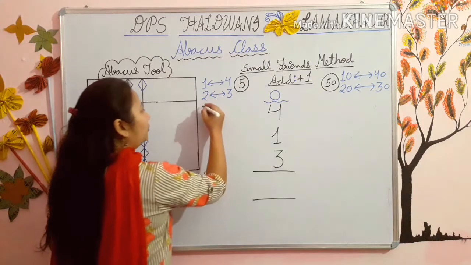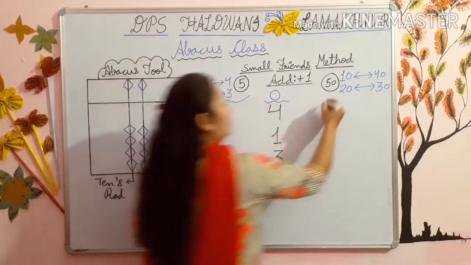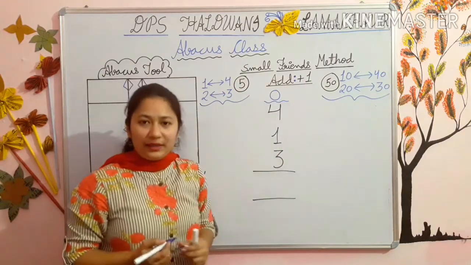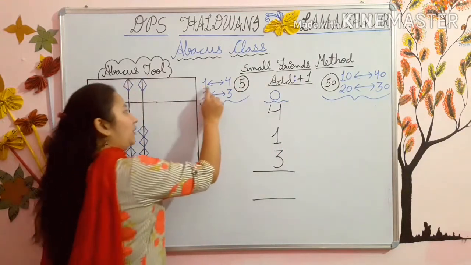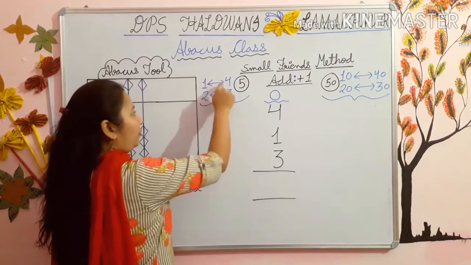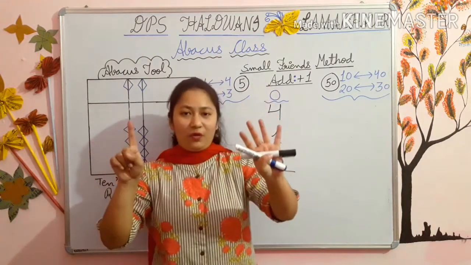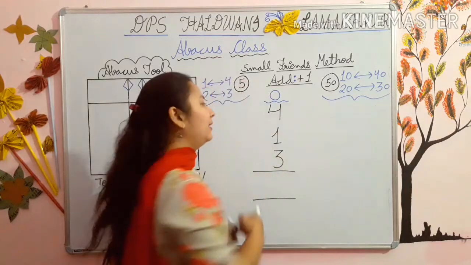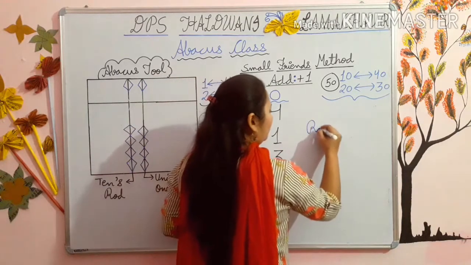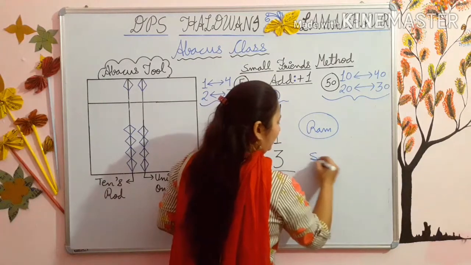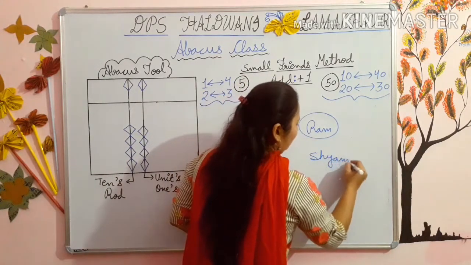Now kids, you have to learn this. What is this? You will think, see, 1 arrow 4 means 1 is the friend of 4. See here kids, like one is Ram and the second is Sham.